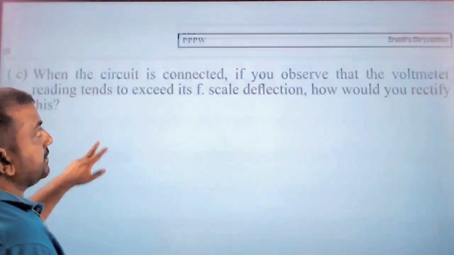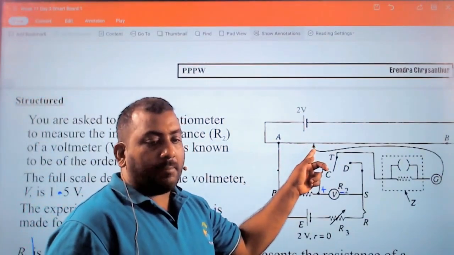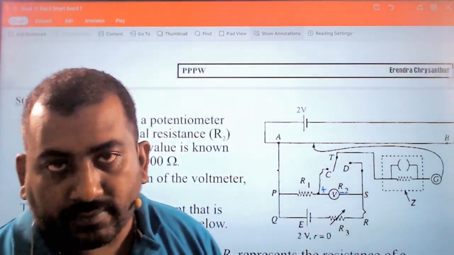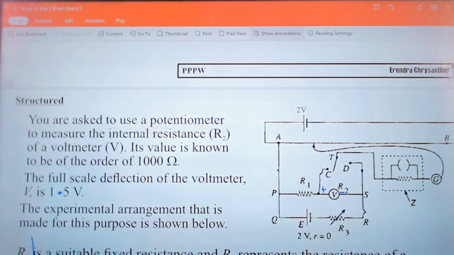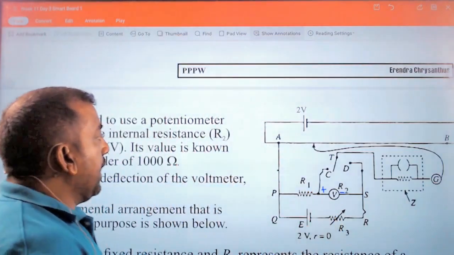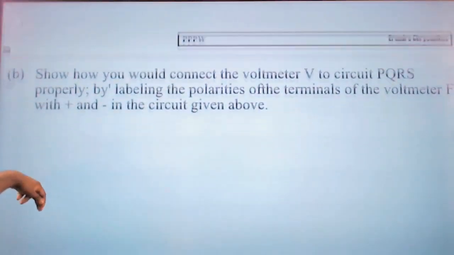Step number 1: place the galvanometer balance key at ends A and B and check if the deflections are in opposite directions.